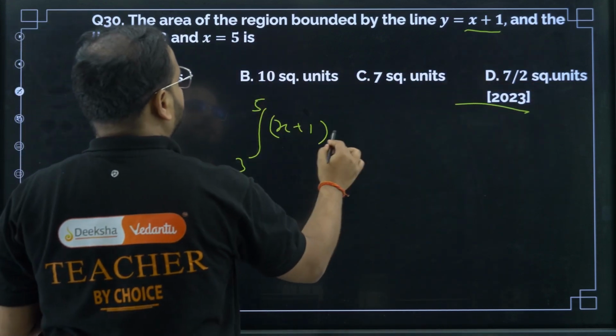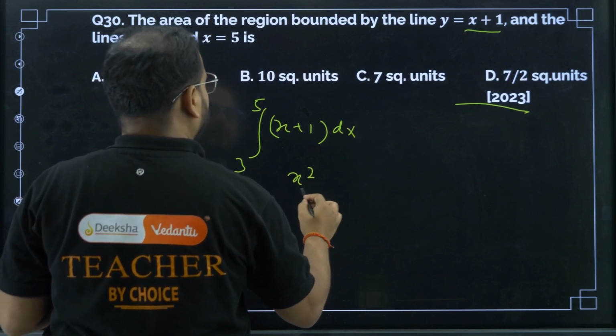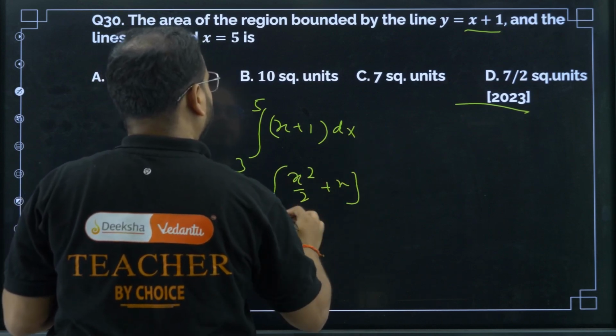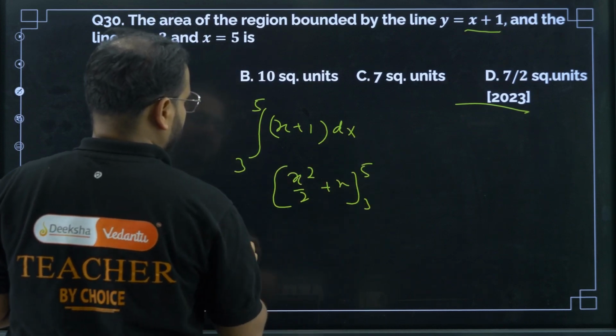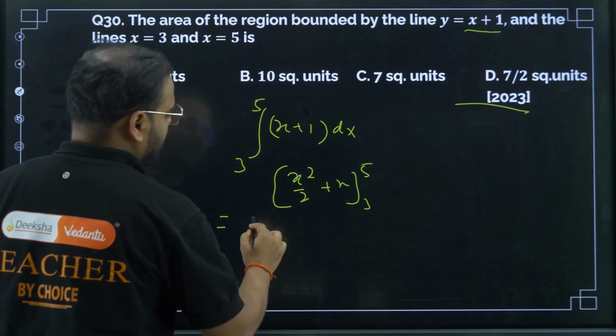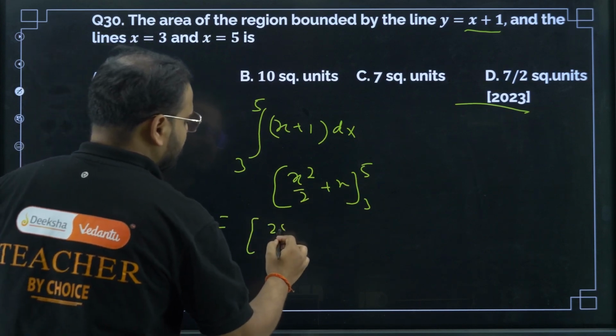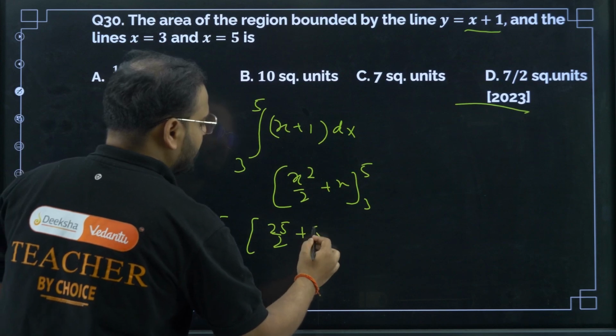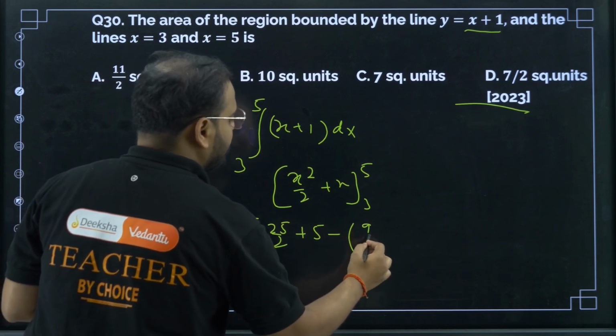So integrate this: x square by 2 plus x, from 3 to 5. Put 5 first, you're going to get 25 by 2. Minus, put 3 here: 9 by 2.